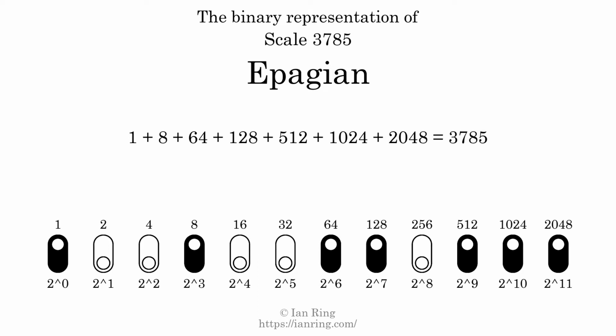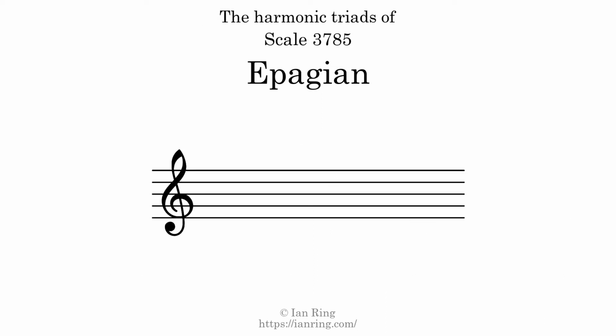That is why the scale number, in decimal, is 3785. The scale number not only enumerates the scale with a unique index, but it also literally describes the tonal content of the scale. Represented as a binary number in base 2, the scale number is 111011001001.